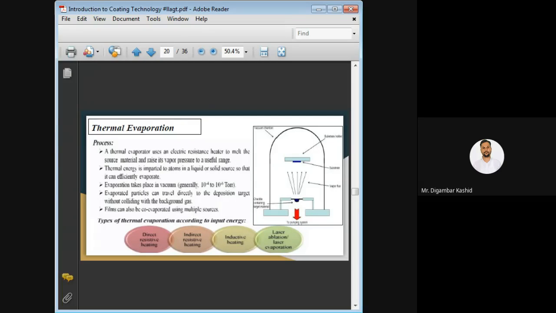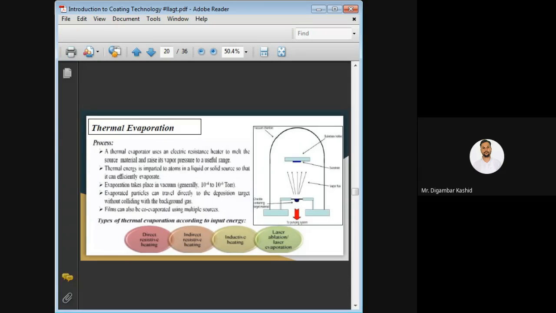A basic question arises: what does thermal evaporation mean? From the name itself you can understand that we are giving a certain kind of heat to the source material. Source material means our base material which we are going to deposit on the substrate.